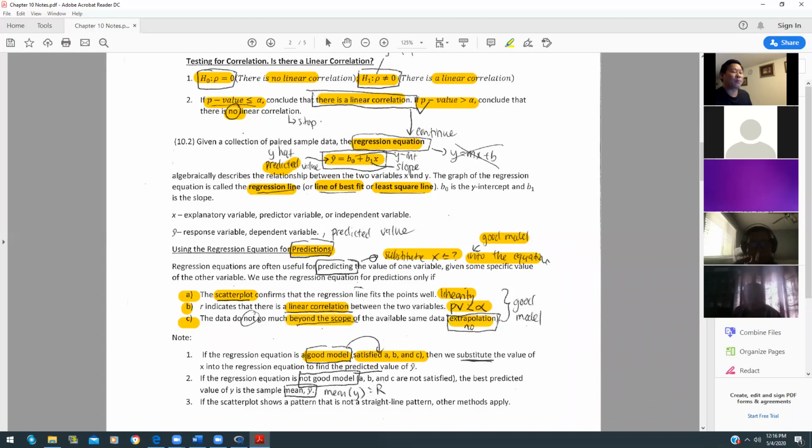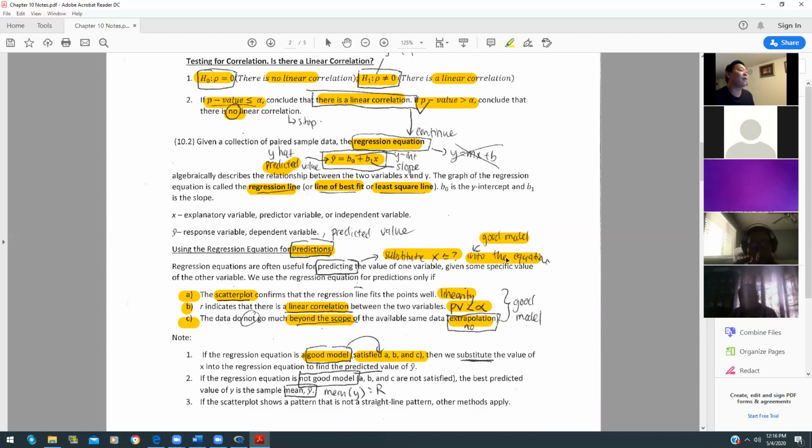And if you want to predict the gas price for Tuesday, Wednesday, Thursday, this is still not extrapolation, although it's 2, 3, 4 days from now, because it is still close to the scope. But if you try to predict the gas price 4 months from today, or 6 months from today, a year from today, that is what we call extrapolation. It means you have to go beyond the scope in this case.